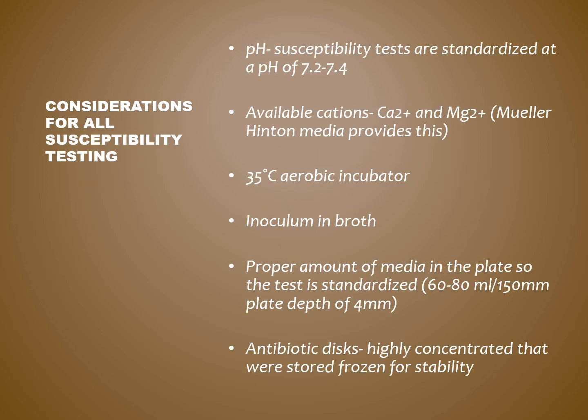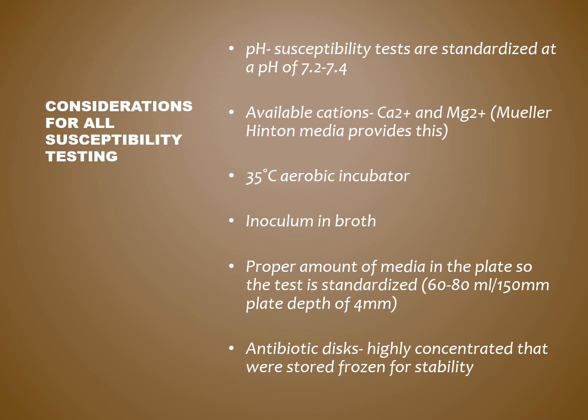Now, whenever we're doing susceptibility testing, we want the procedure to be standardized. We want to make sure that the pH of our Mueller-Hinton agar plate is standardized at about 7.2 to 7.4. We want to make sure that our Mueller-Hinton agar provides certain cations like calcium and magnesium. We want to make sure that our incubator is set at 35 degrees Celsius.